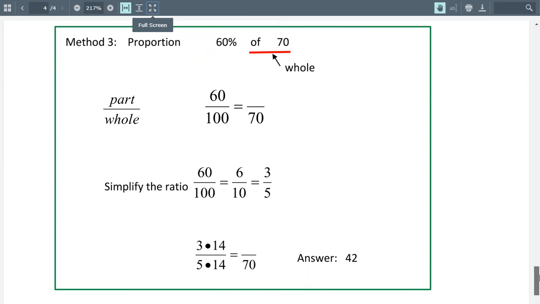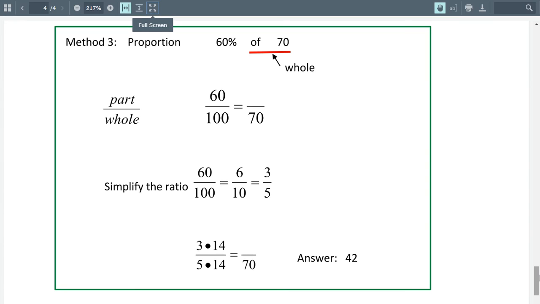Method 3, setting up a proportion. Since the whole thing's out of 70, change 60% into a ratio of 60 over 100. Remember, we're comparing parts to whole. Since it's out of 70, that has to go on the bottom. Now here we have a problem where we cannot turn 100 into 70. So I have to simplify the ratio. 60 over 100 equals 6/10, which equals 3/5.